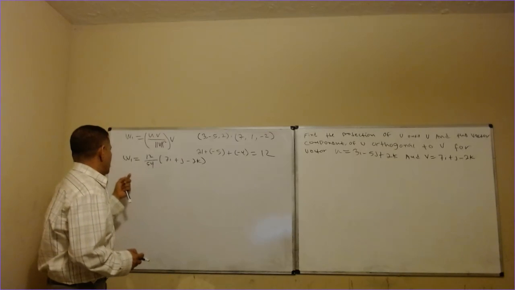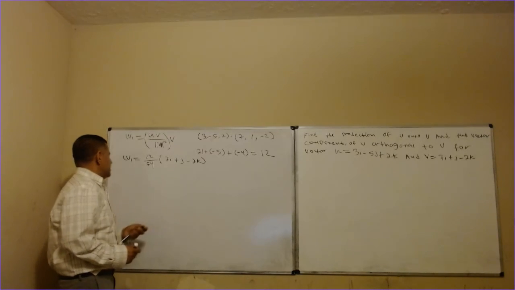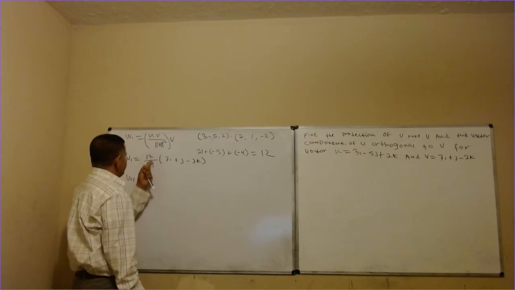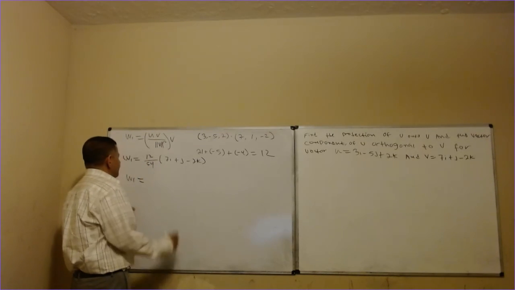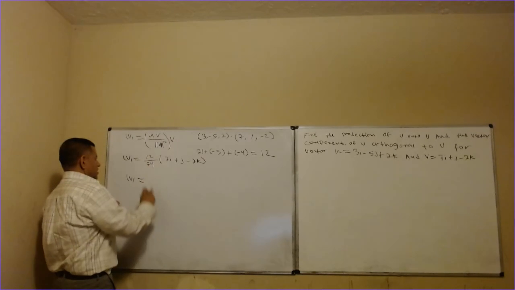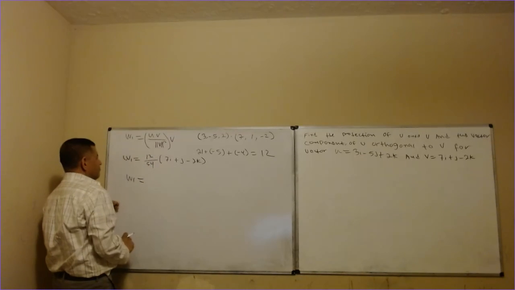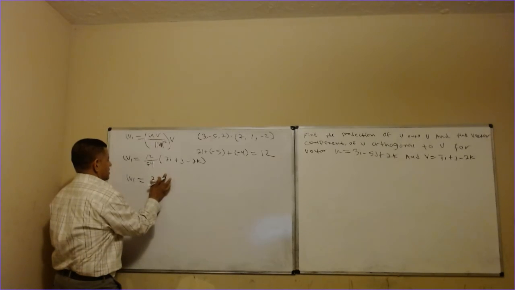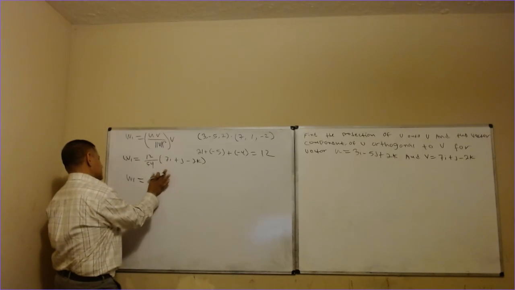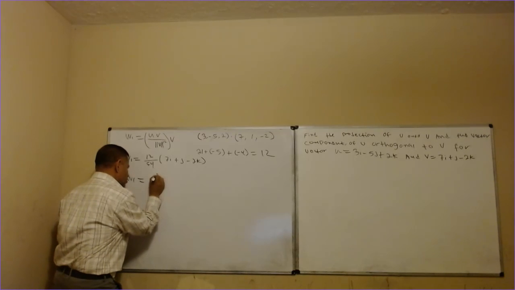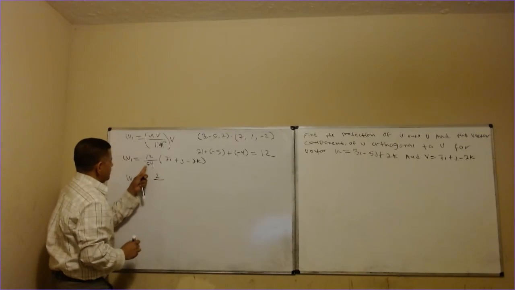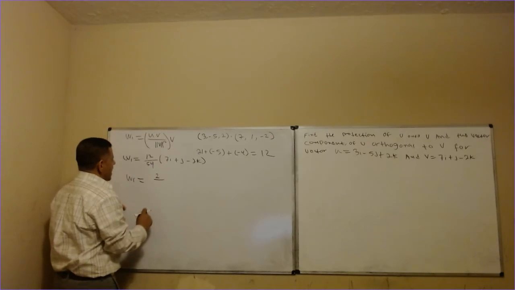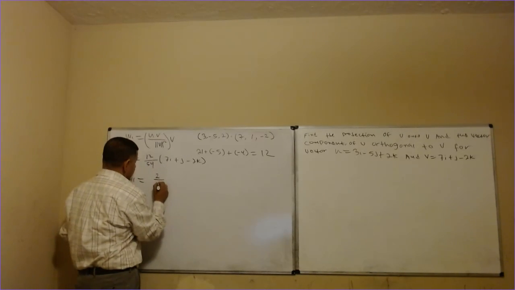So I need to simplify that, which is W1. If I divide top and bottom by 6, what I get in the top is 2. If I divide 54 by 6, I get 9, right?